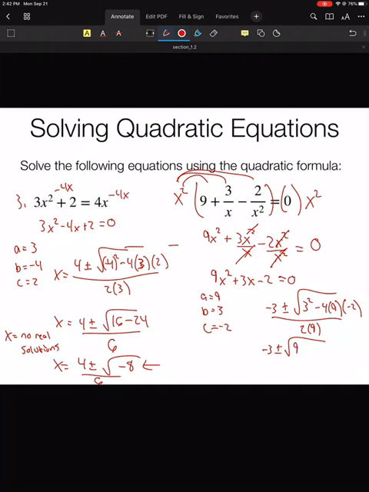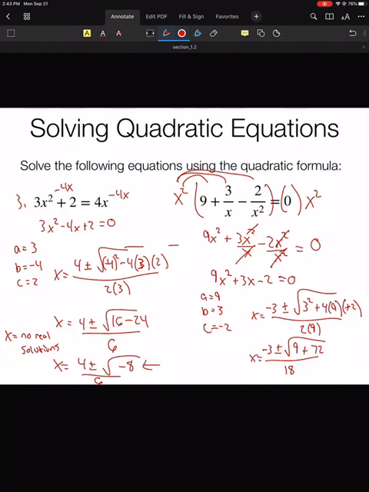So I have 9. This negative here in the negative 2 is going to make everything positive, okay, because we're going to have minus a negative number, so it makes it positive. 4 times 2 is 8, and 8 times 9 is 72. So I have here the square root of 9 plus 72 all over 18.